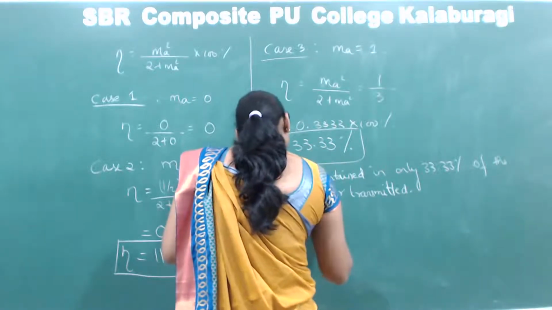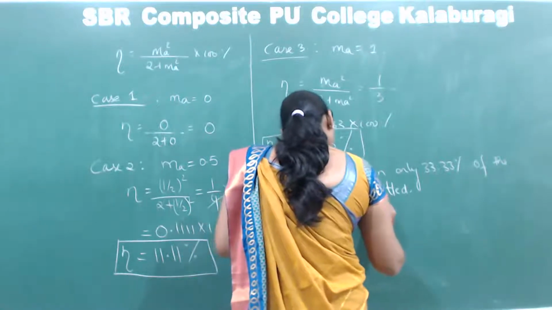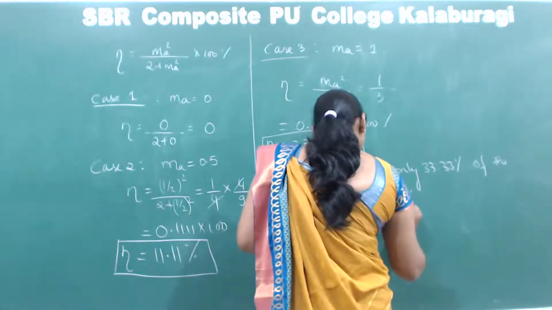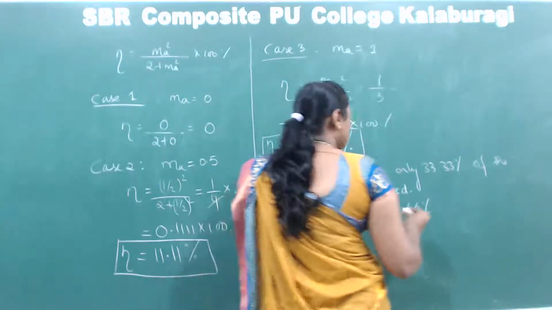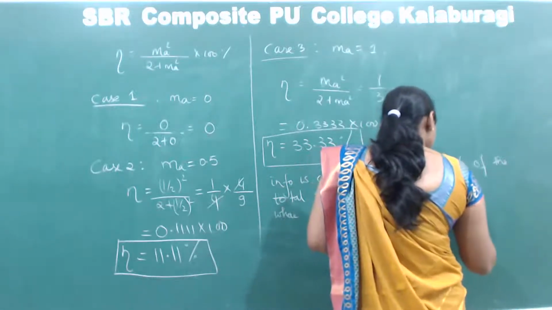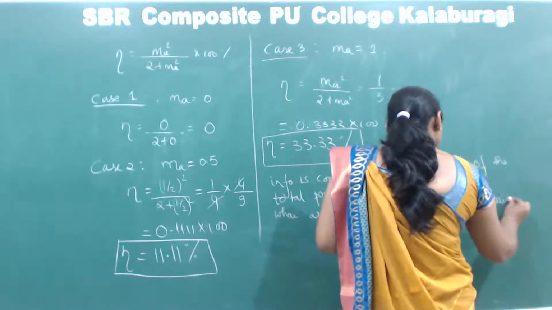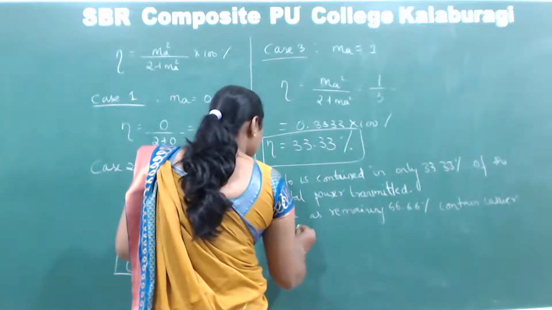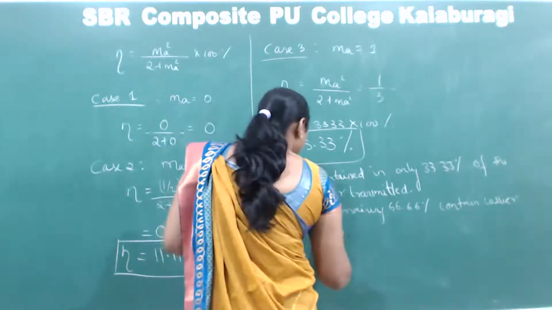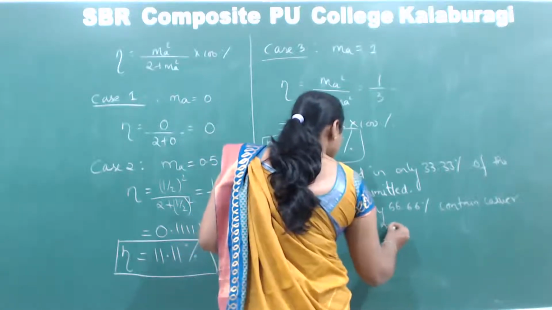Whereas the remaining 66.66% contains carrier power and is of no use.